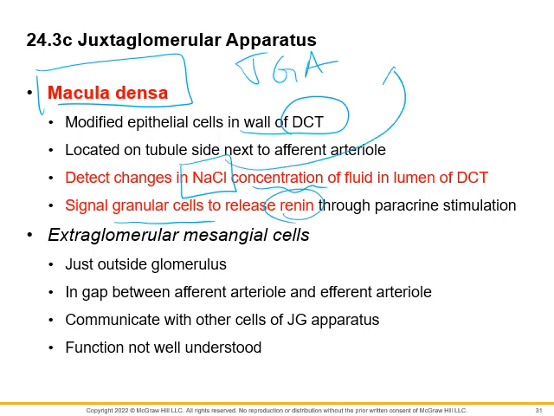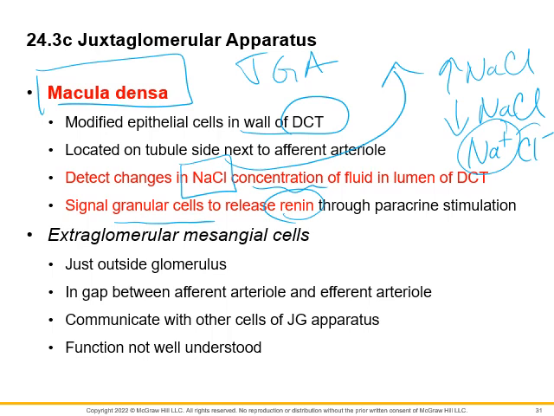So hopefully you can think about what happens if my sodium chloride levels are too high, what if they're too low. We know that these are held together by ionic bonds, that they can break apart in water, and that somehow we're measuring our sodium level. So why would these macula densa want to talk to granular cells to release renin just by monitoring sodium?